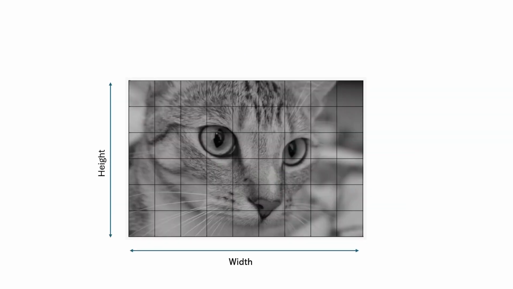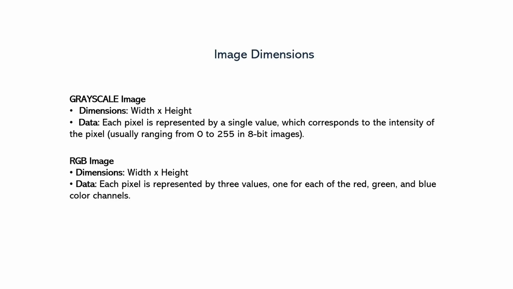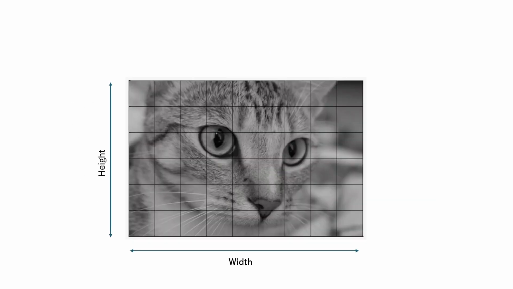An image is also defined by its dimensions, height and width. Consider this image has 300 pixels in height and 150 pixels in width, making up a total of 45,000 pixels.